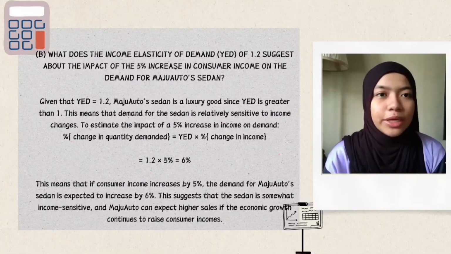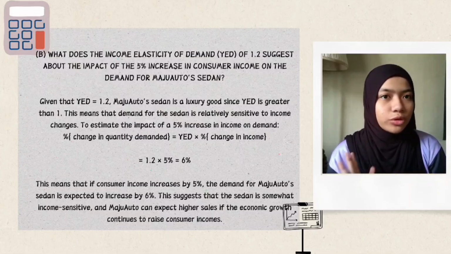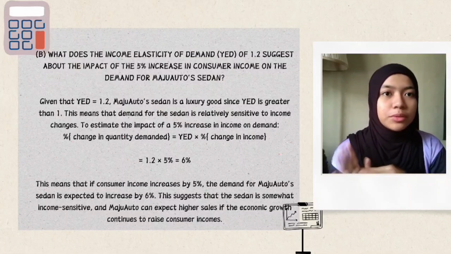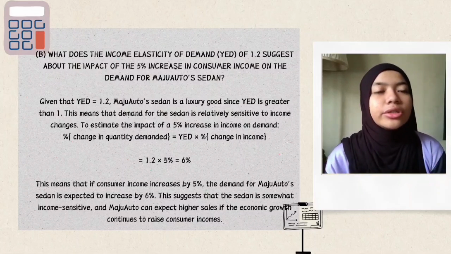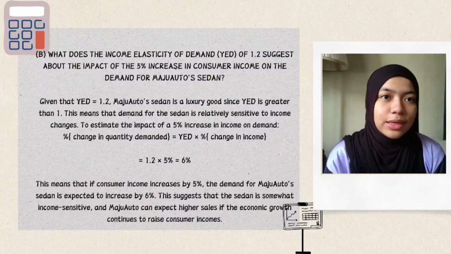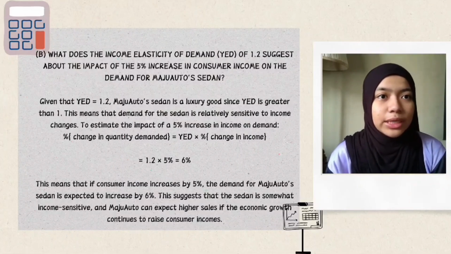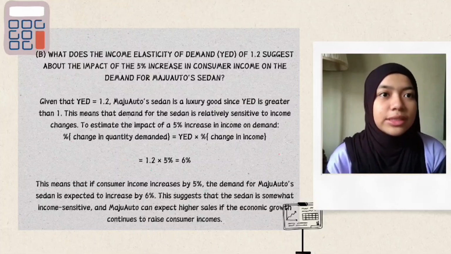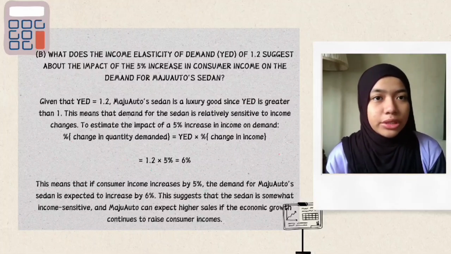Given that YED equals 1.2, it means that the motor sedan is a luxury good, since YED is greater than 1. This means that demand for sedans is relatively sensitive to income change.